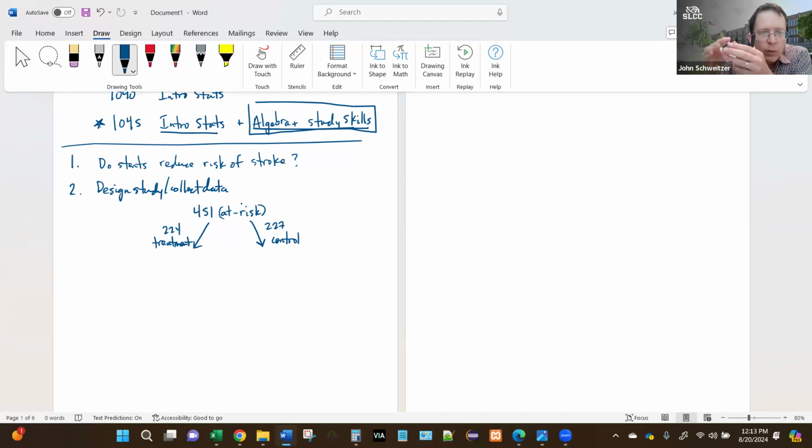With that control group, we get an idea of, among this group of people who are at risk, the likelihood of them having a stroke even without the stent. They provide the baseline against which we can compare the treatment group. It's also important that this was random assignment. They used a computer to generate random numbers, and 224 of them got treatment, 227 got control.